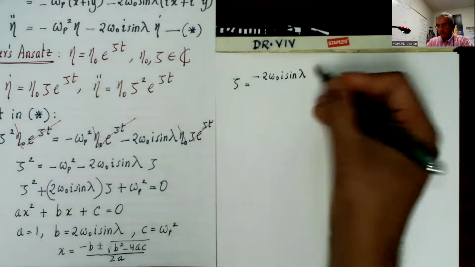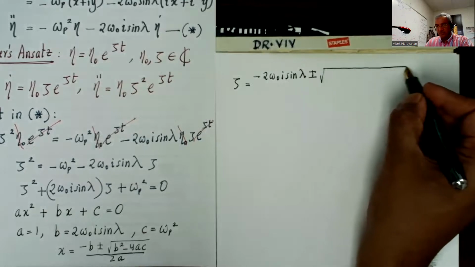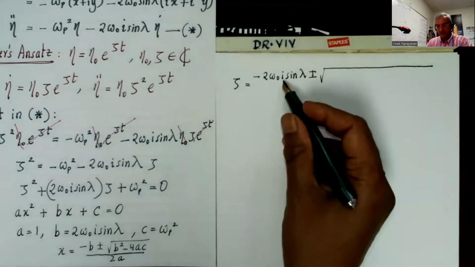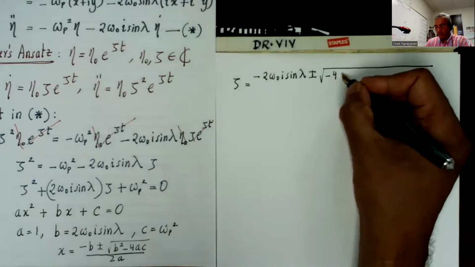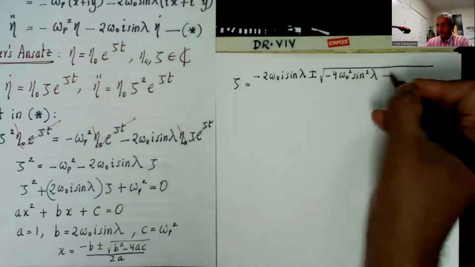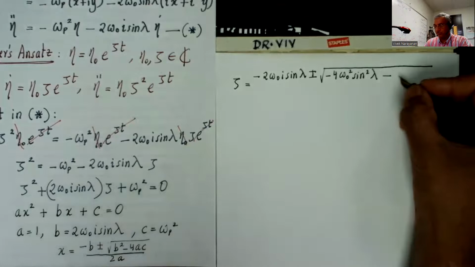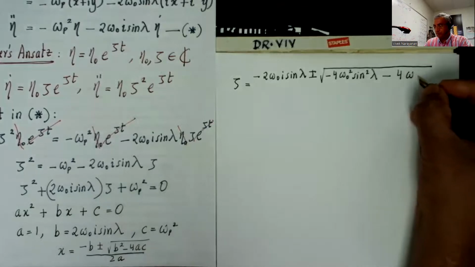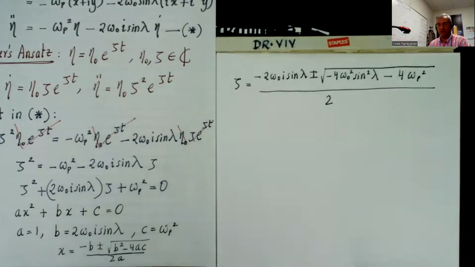sine lambda plus or minus the square root of b squared. Now when I square the i I get negative 1. So that becomes negative 4 omega naught squared sine squared lambda minus 4ac. A is just 1 and c is omega p squared, divided by 2a, which is just 2.